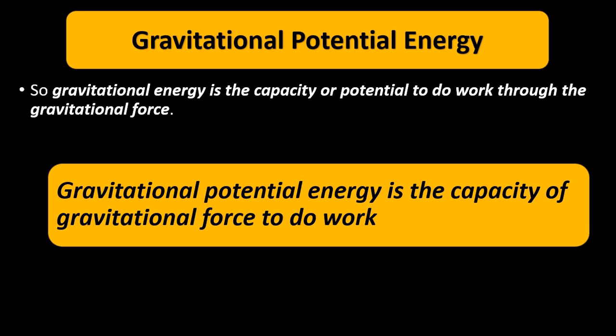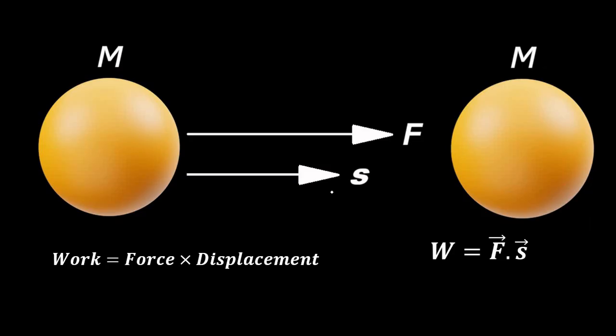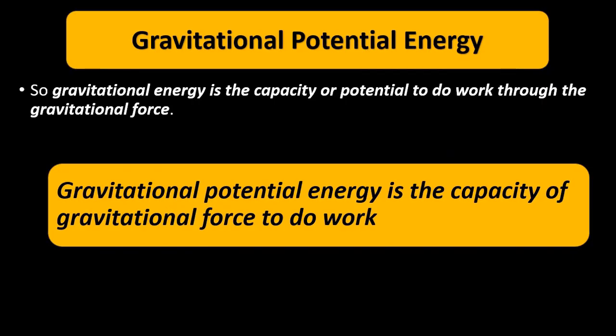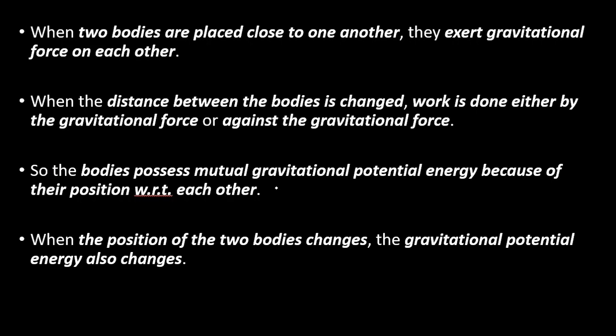When gravitational force acts on an object and it causes a certain displacement, that work done, the product of gravitational force and the displacement, is called gravitational potential energy, in simple terms.